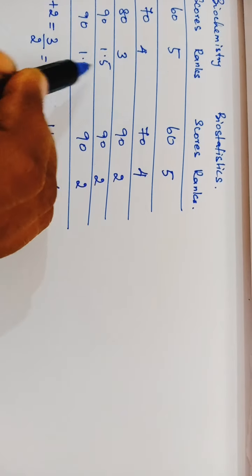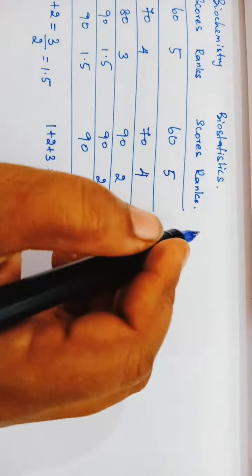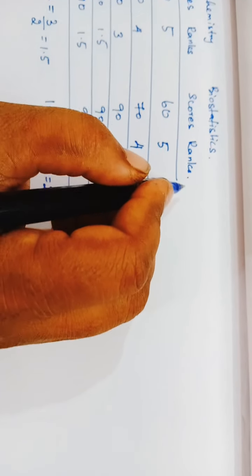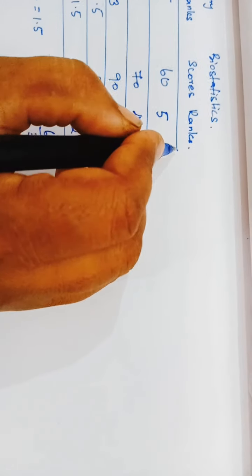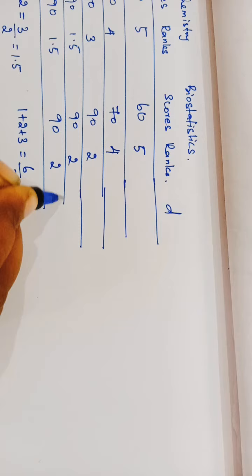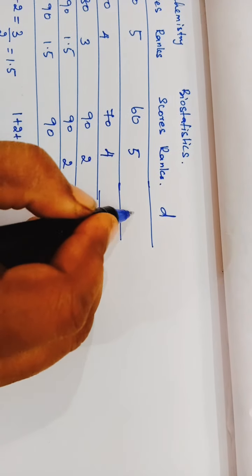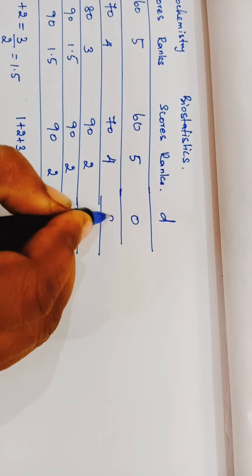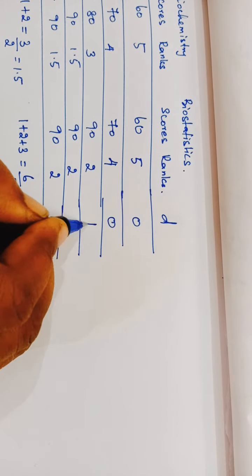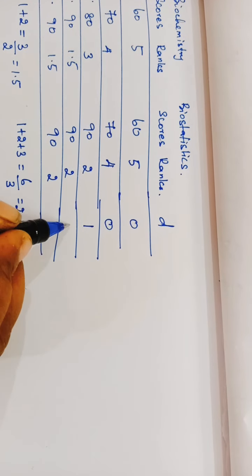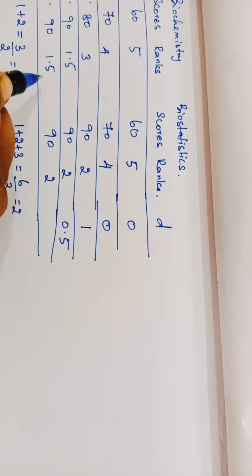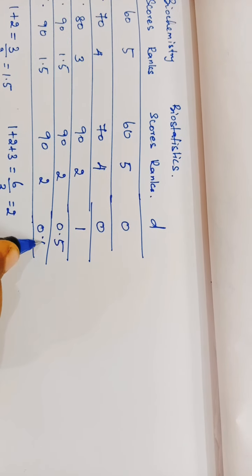After assigning the ranks, as we calculate using the previous rank method, let us see the difference between the ranks. 5 and 5, 0; 4 and 4, 0; 3 and 2, 1; 1.5 and 2, it is 0.5; 1.5 and 2, it is 0.5.